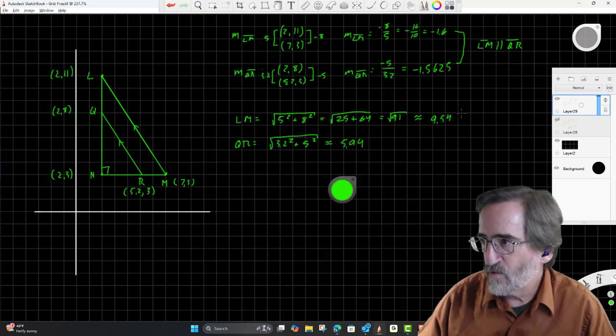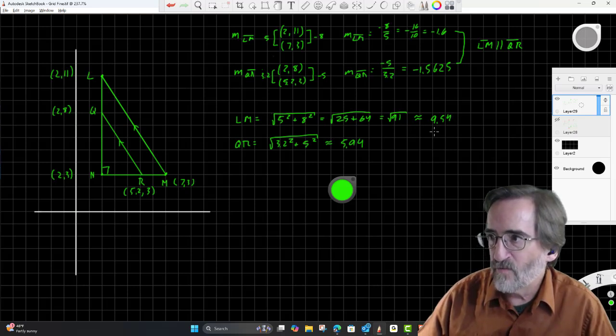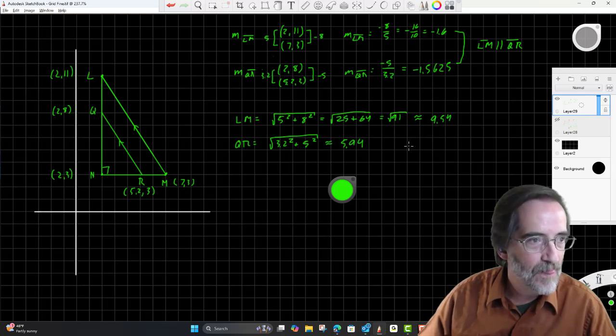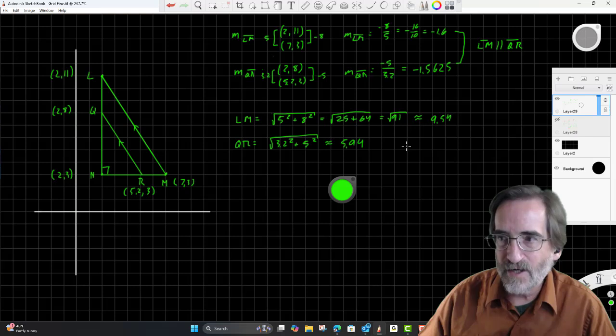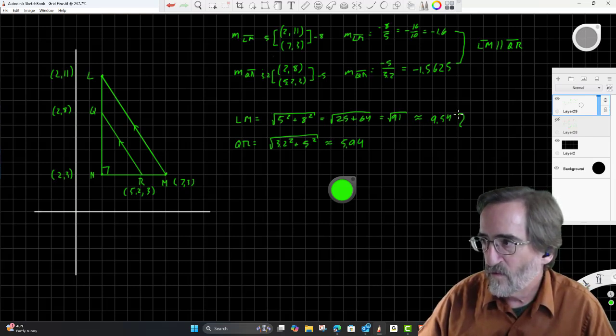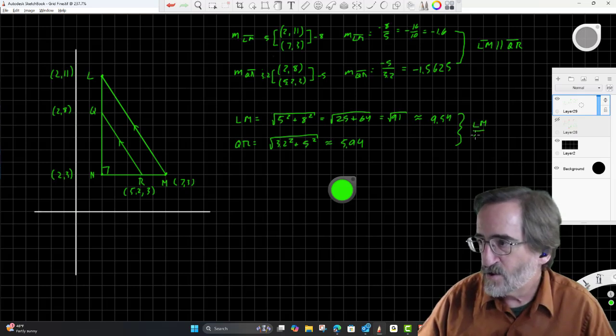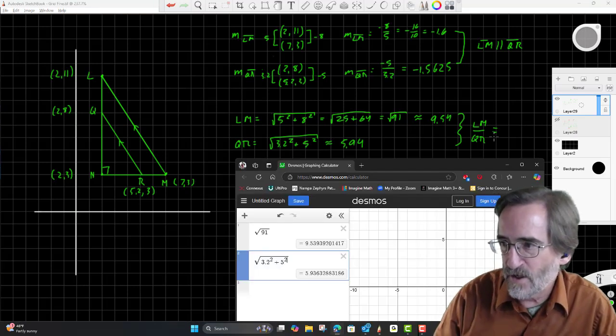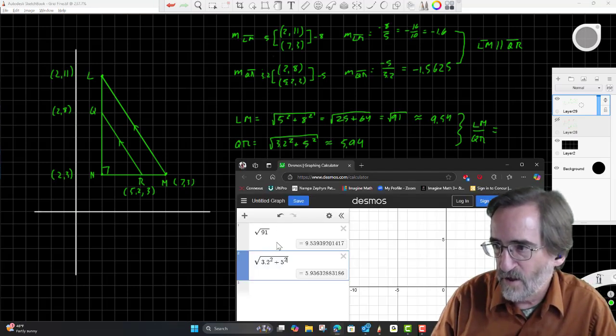Now, what are the results we should get? We should get the same ratio of sides, right? The same ratio of sides. So the ratio of LM to QR is, let's take these results straight off.